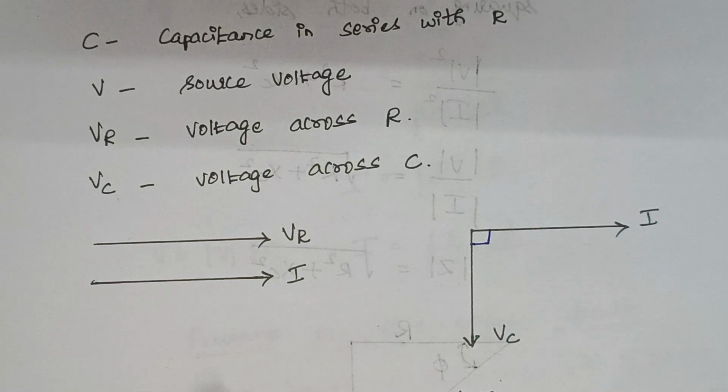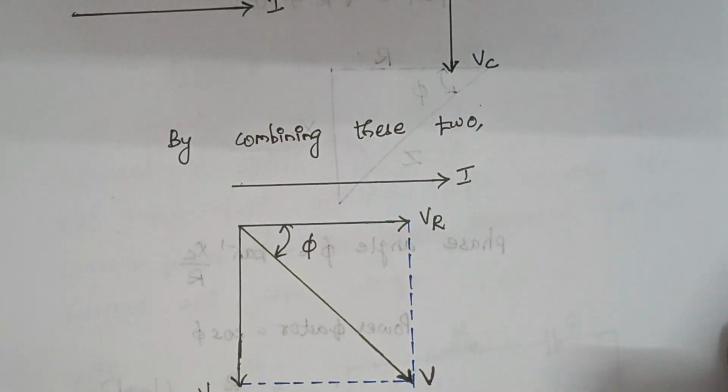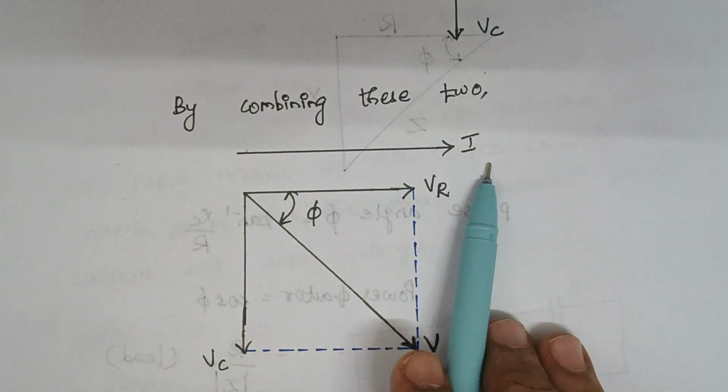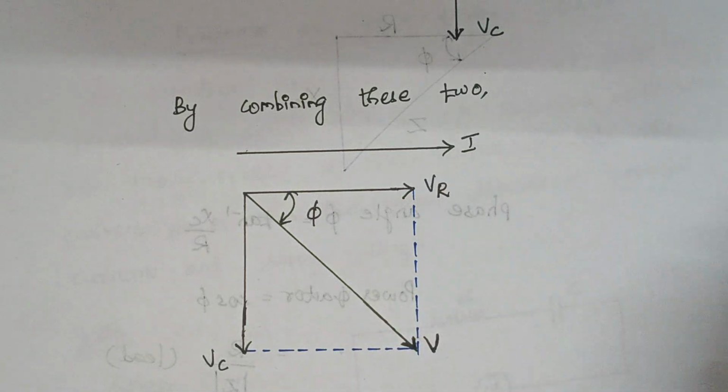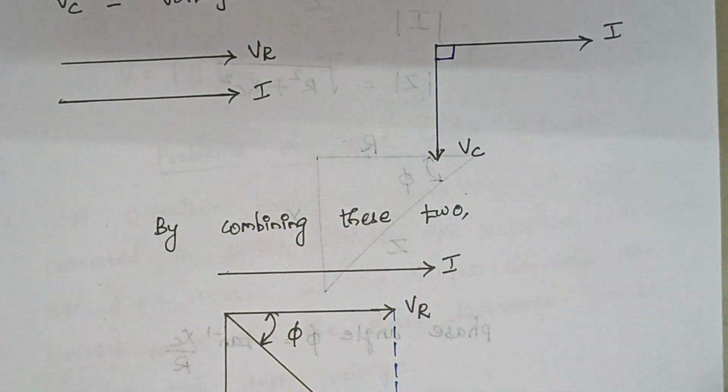Now we are going to combine these two diagrams. When you combine these two diagrams, you see the current remains as such. When you combine the voltages, here comes your VC and this is your VR.